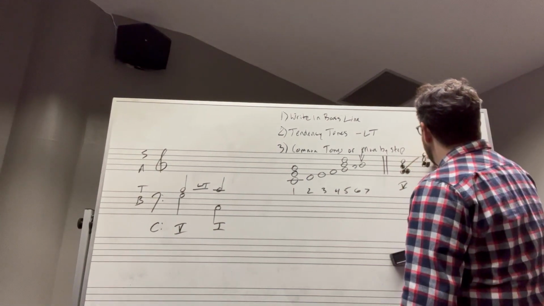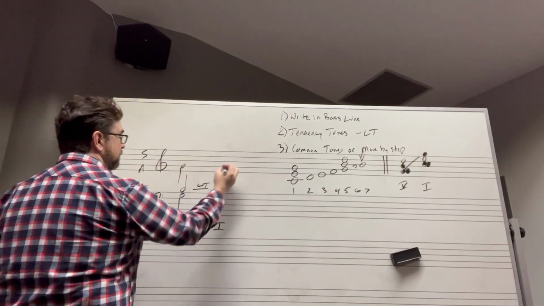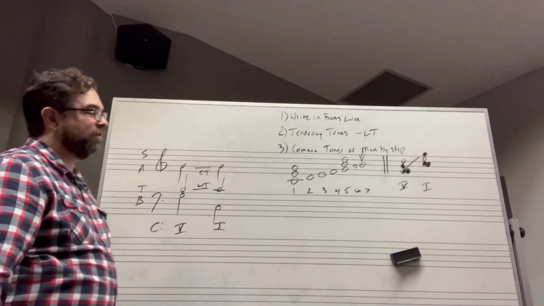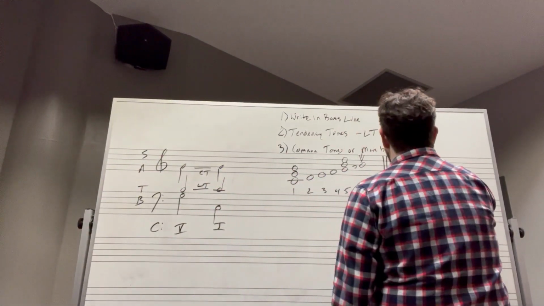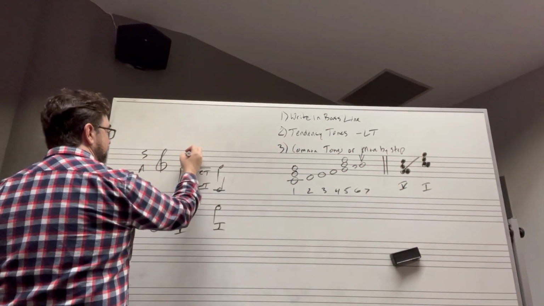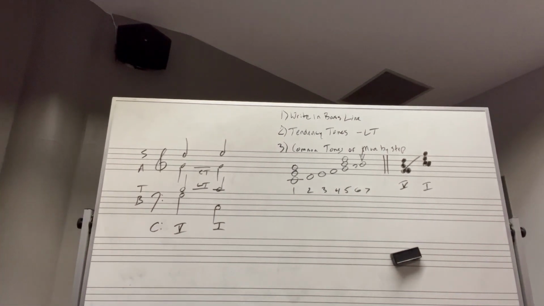So I'm going to go ahead and put that in the same voice. Again, doesn't matter where I put it. I'm just going to label that as a common tone for now. And then I just fill in my remaining voices. So D goes to E. And that's all there is to it. We have a complete chord progression now.